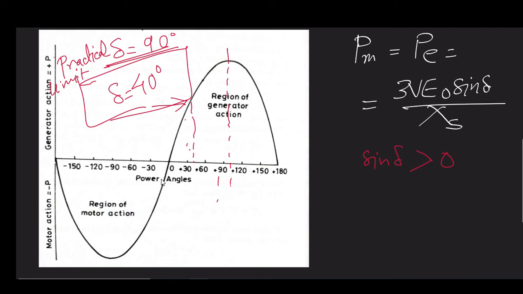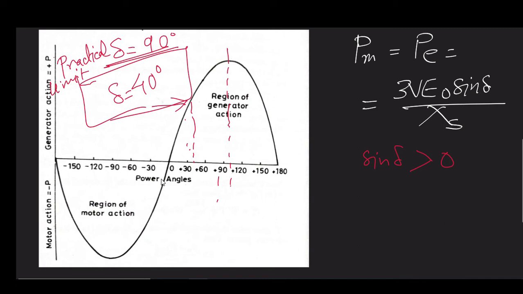And obviously, if you consider the motor phasor diagram, you will also see that in that case your E naught is actually lagging behind V. Means we can have two ways to express this. Like you could go beyond to 180 degree. In between 180 to 360 degree, you could get the same kind of negative lobe of sine wave.